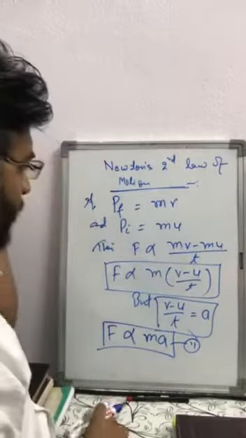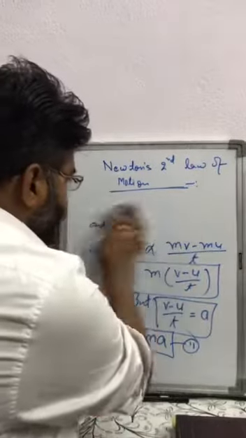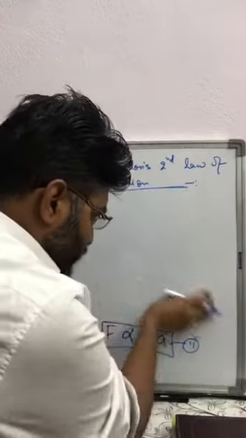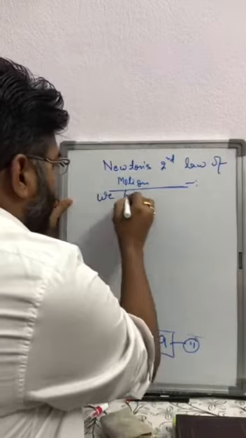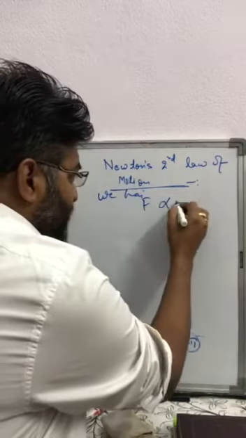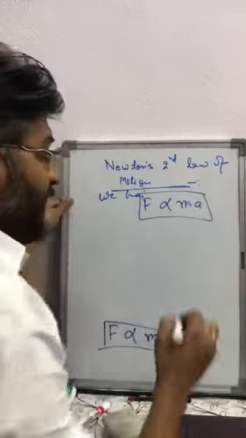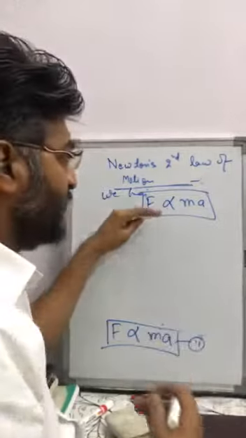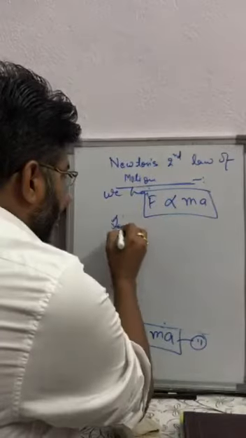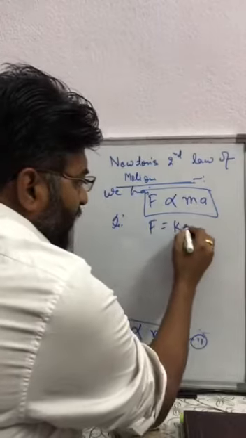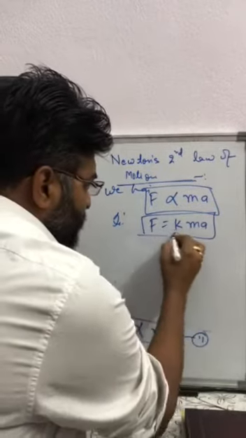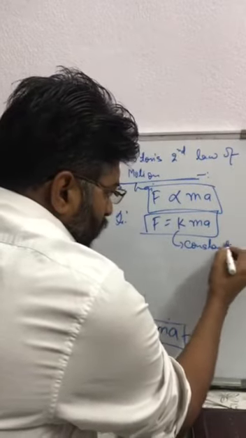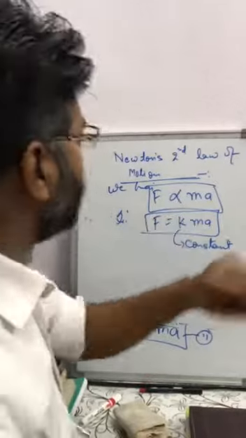Now let's see completely. If we replace the proportionality sign with an equal sign, then we should take a constant. So F is equal to kma, where k is the proportionality constant.